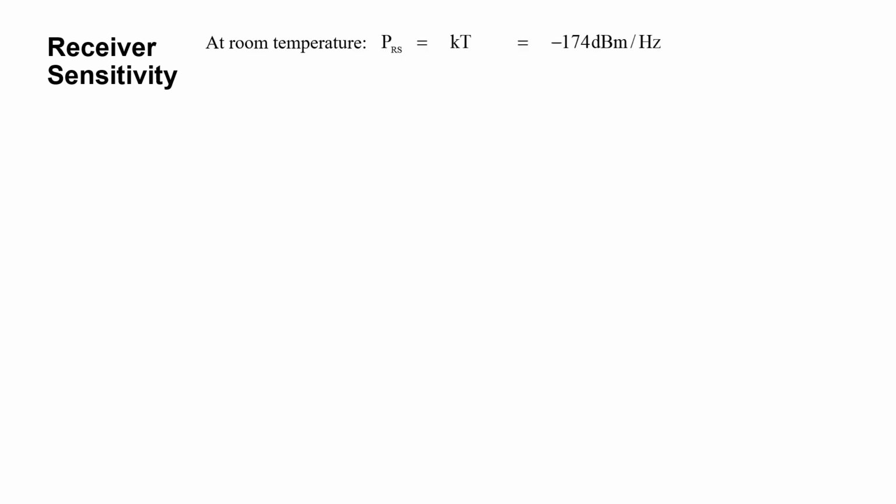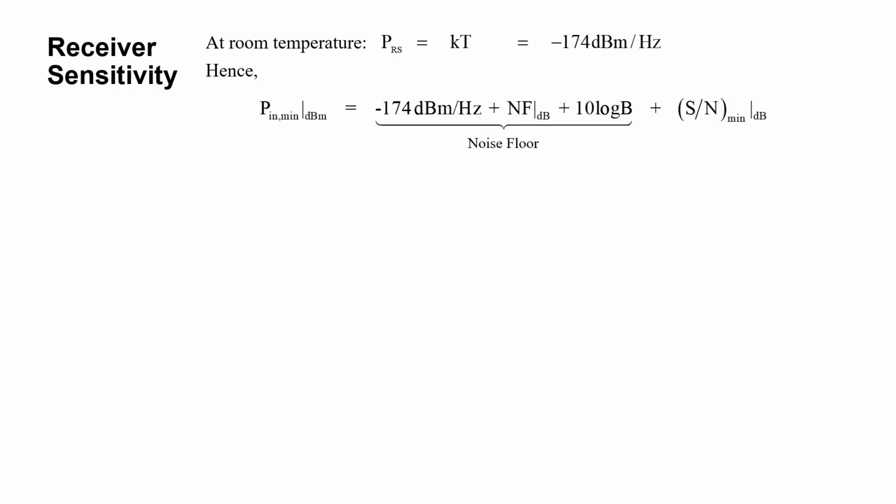So generally at room temperature, PRS is equal to KT, that is almost minus 174 dBm per hertz, and if you want to include hertz, then we will just add plus 10 log of B. So actually P in is equal to minus 174 dBm, that is the minimum noise level because of the movement of particles inside any system, plus the noise floor of the receiver, plus 10 log of bandwidth.